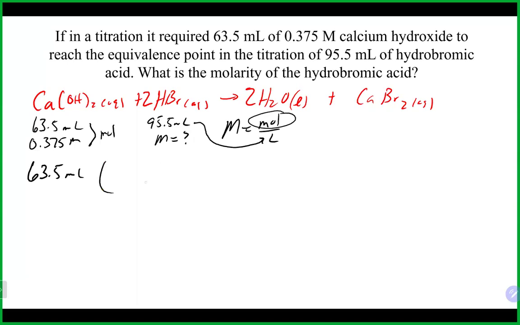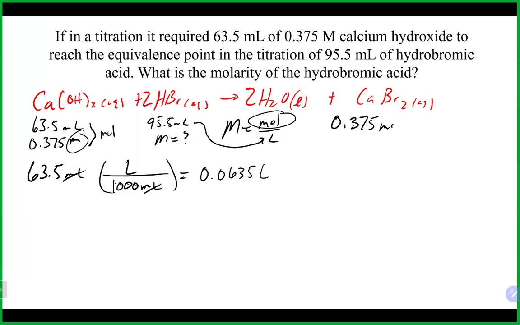milliliters into liters. So remember that when you are using molarity and volume, you do want to make sure that it is in liters, because that is most likely what you're looking for. 0.0635 liters. Also, big M means 0.375 moles per liter.